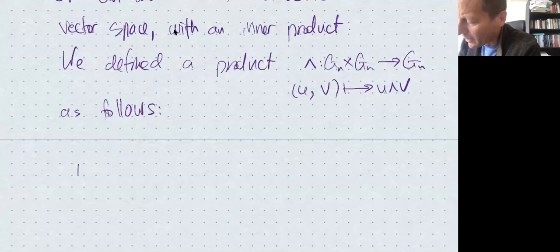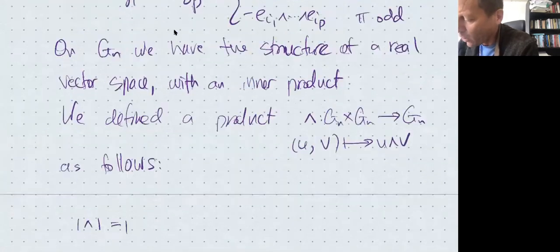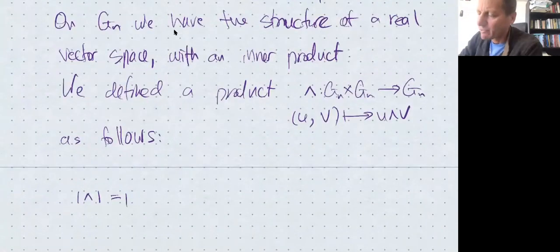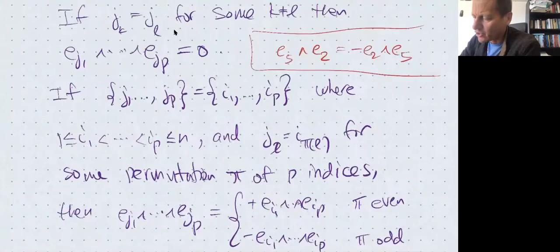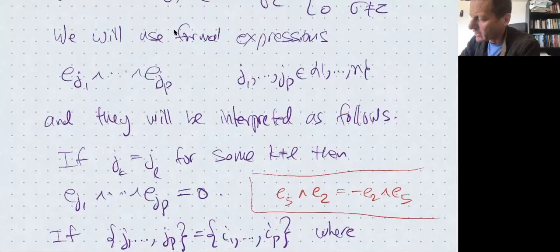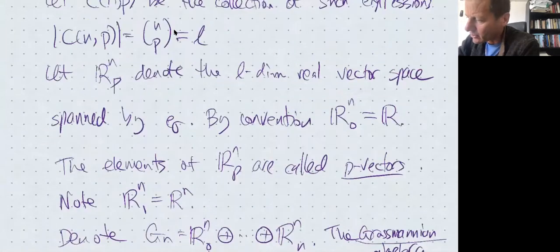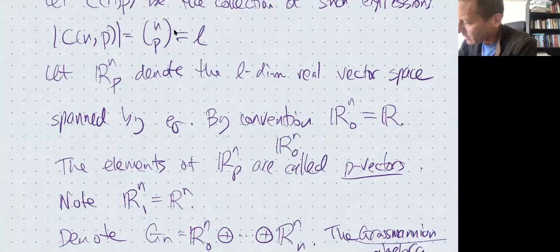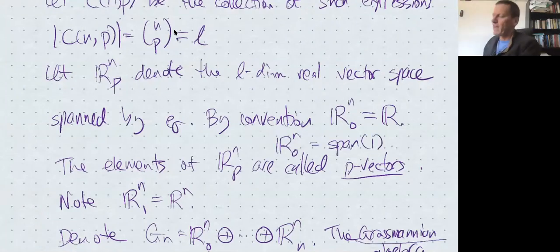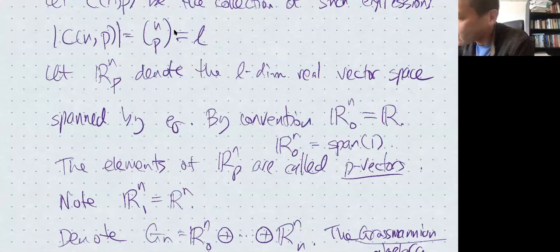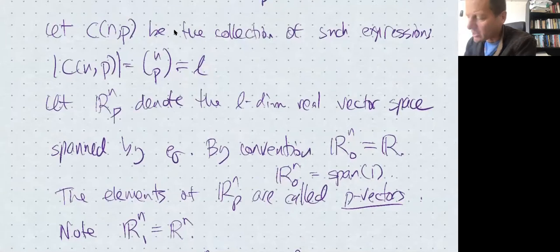Firstly, one wedged with one. I should have said earlier, one is a formal element of Gn. It's the generator of Rn0. By convention, it's the span of a formal element which you could call 1, or you could call it E sigma, where sigma is empty.